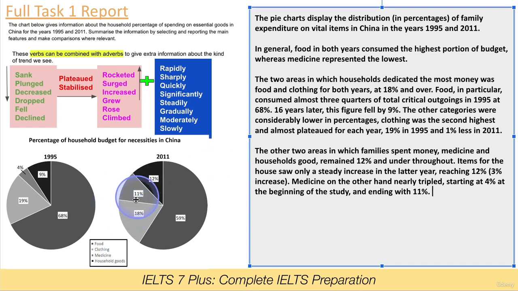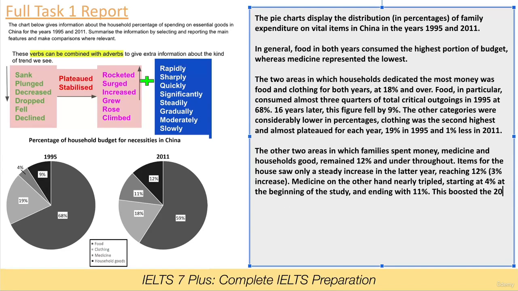Maybe we could add a line about how in 2011, medicine and household goods together, they made what, 23%, almost a quarter. This boosted the 2011 combination.